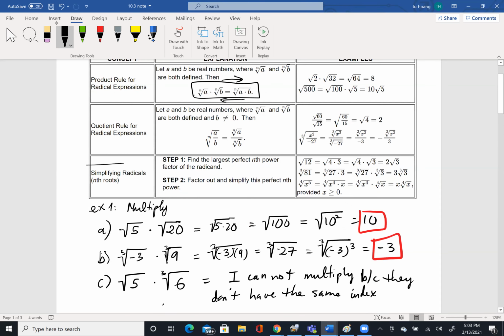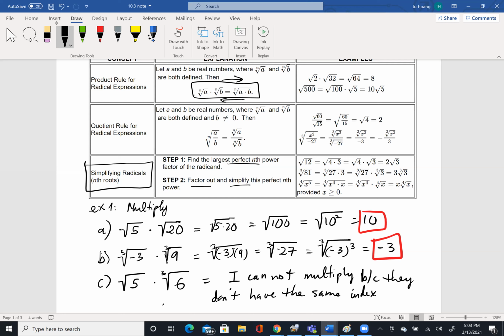Okay, so you see that mainly in this session we try to simplify radicals with nth root. You must remember that you have to follow two steps. Step one is find the largest perfect nth power factor of the radicand. And then step two, you factor out and simplify this perfect nth power.